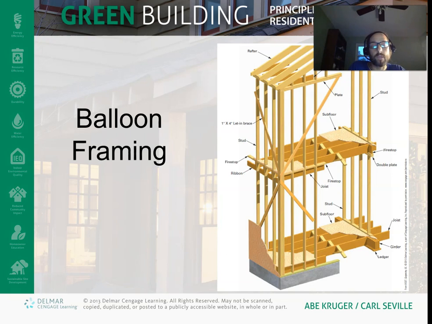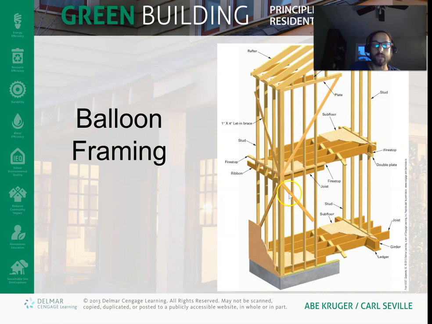And balloon framing is very distinguishable because if you can see here, these studs go all the way from the first to the second floor. So it's one continuous. So it's back when they had old growth trees, and they were cutting boards that were 20 feet long, even longer sometimes.